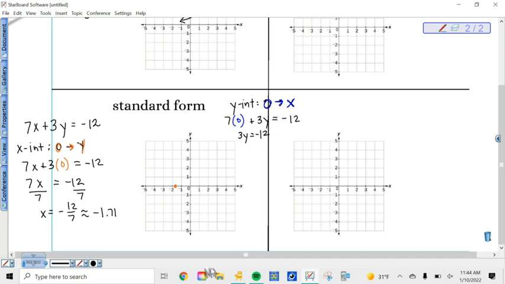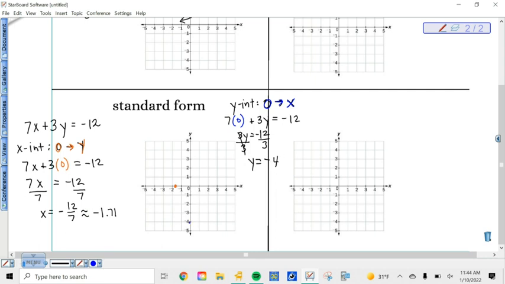How am I going to get y by itself? I have to divide by 3, right? So those 3s cancel, and I'm left with y equals, what's negative 12 divided by 3? Negative 4.